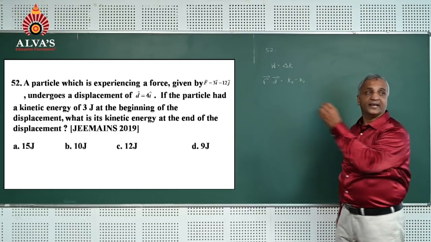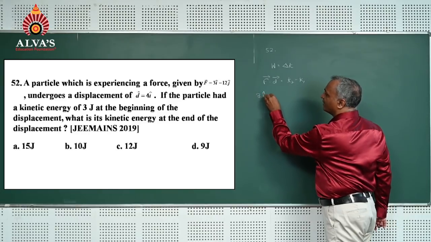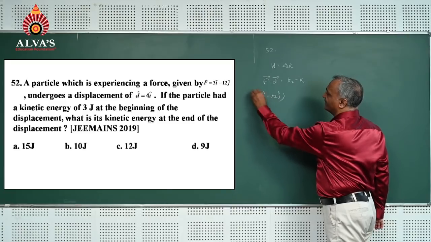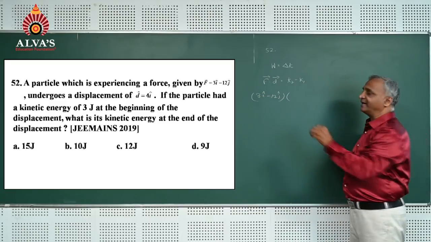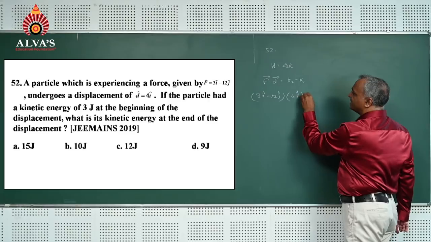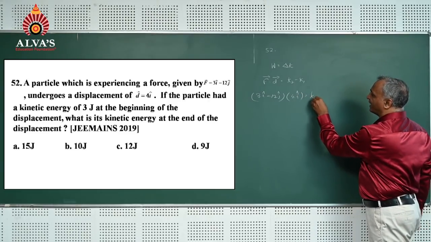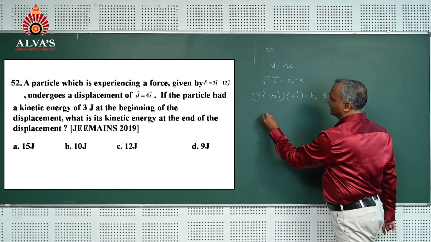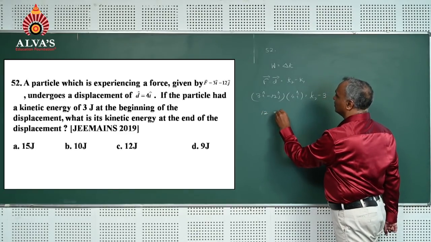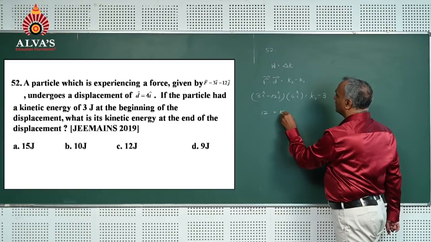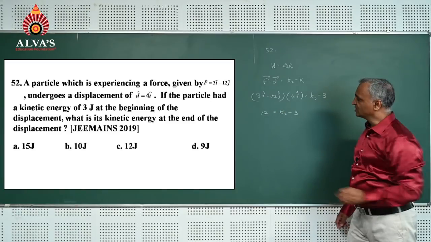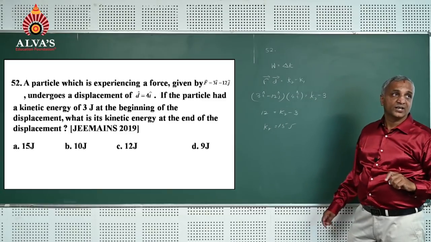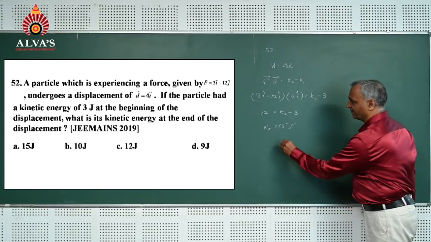F dot d, it is 3i cap minus 12j cap is F, and the displacement is 4i cap, is equal to K2 I want to find out, K1 is given as 3 joule. So if you take the dot product, it becomes 12 is equal to K2 minus 3. So I'll get K2 will be equal to 15 joule. So I'll go for option A.